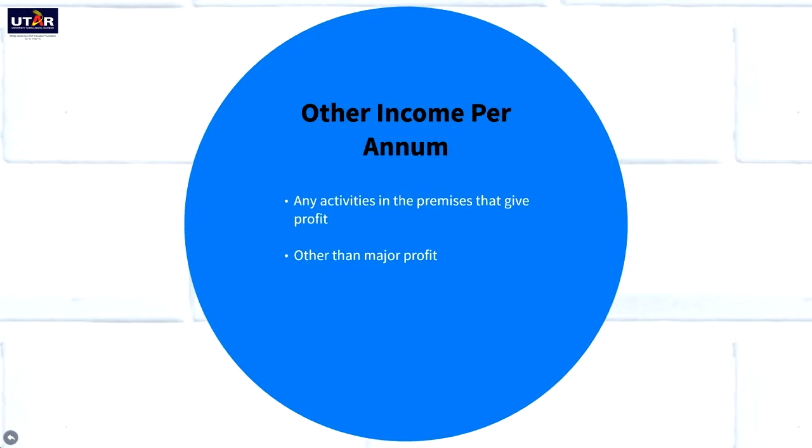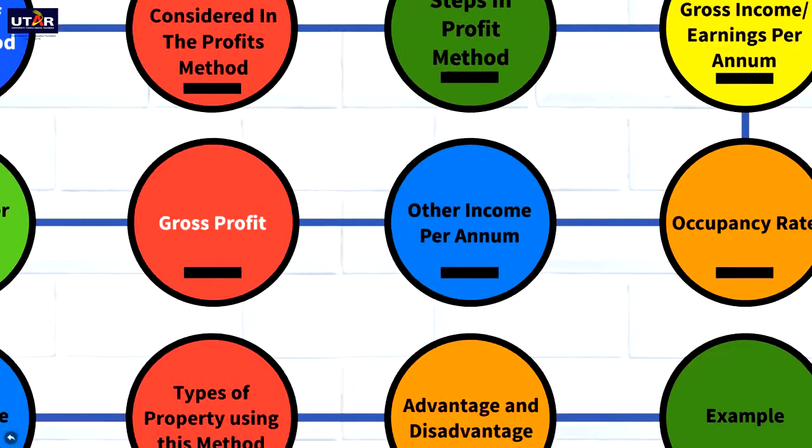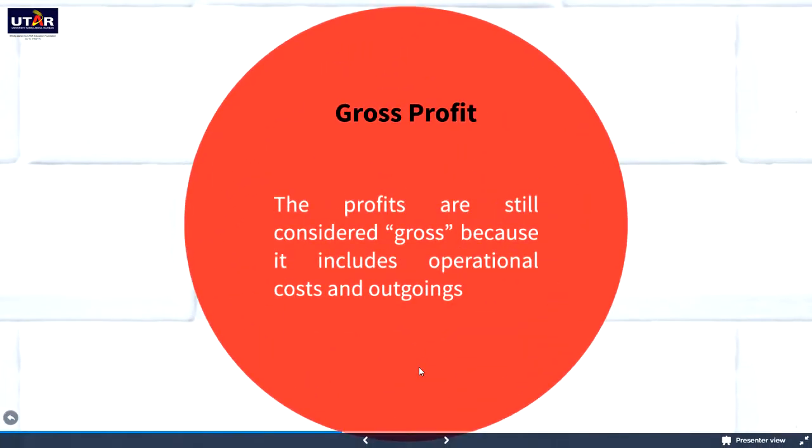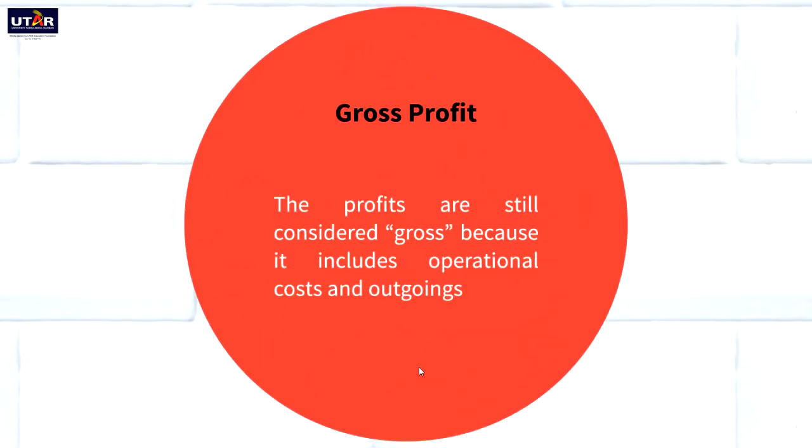However, some hotels provide paid parking and a restaurant. So the parking and restaurant will be determined as other income. Gross profit. The profit is still considered gross because it includes operational costs and outgoings.